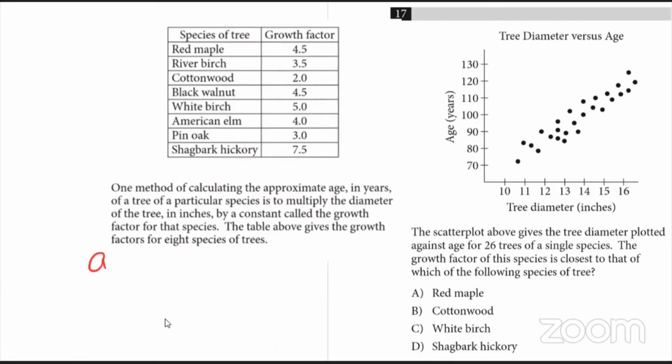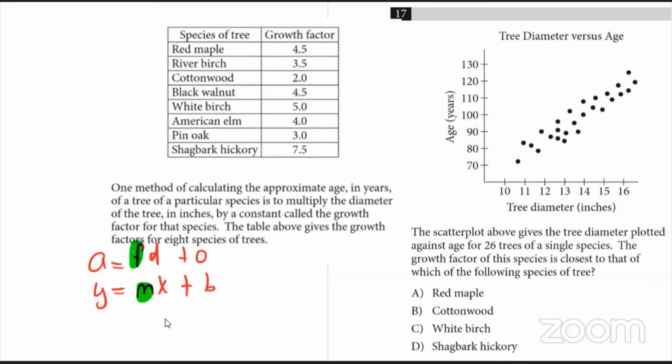Well, if the age is the diameter times the growth factor, that's actually similar to y equals mx plus b, with just a 0 right here. And so when we talk about the growth factor, actually if we switch it around, we can think of the growth factor as the slope.